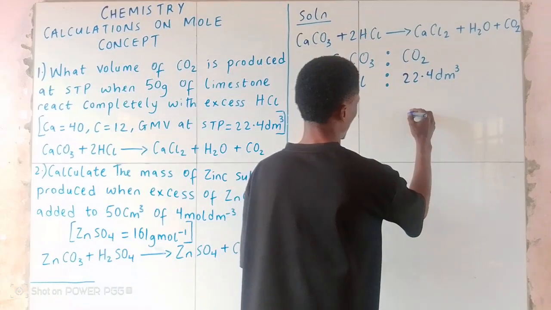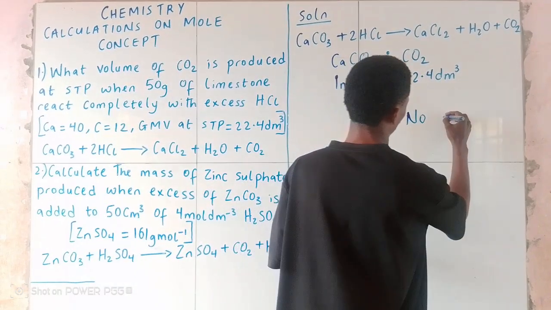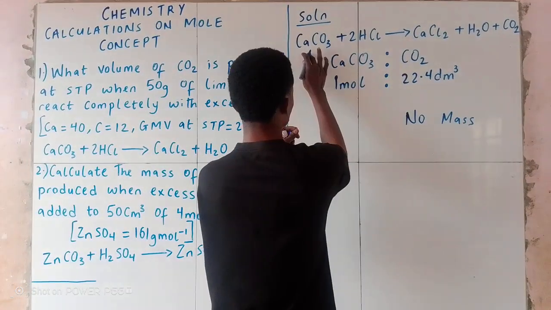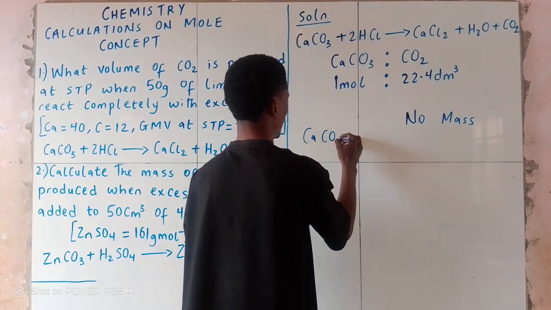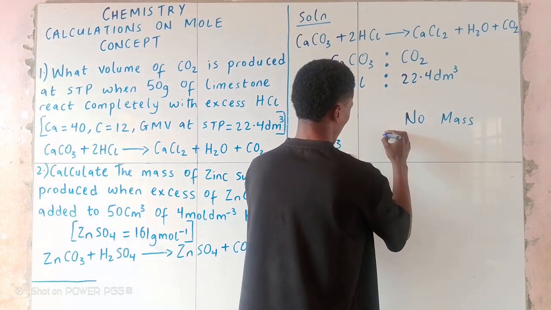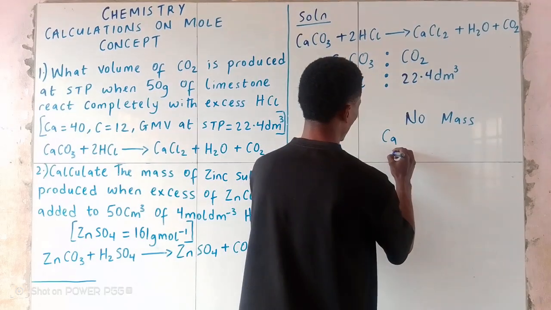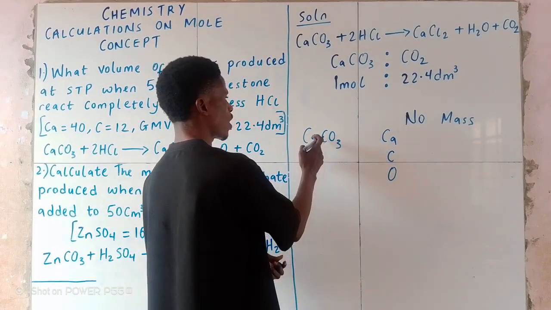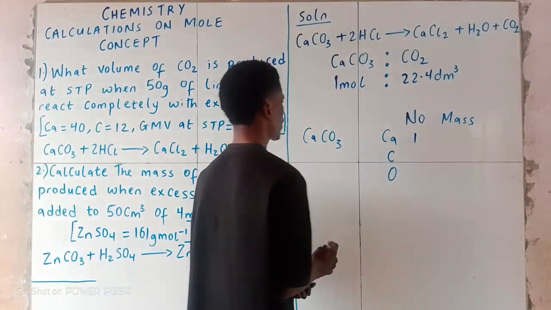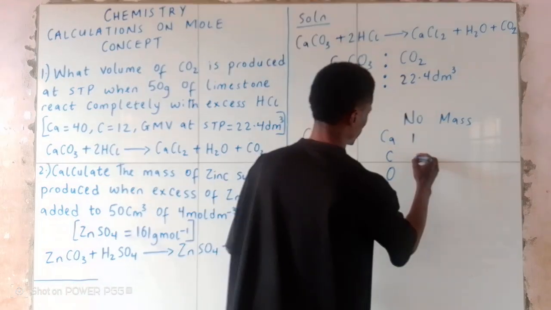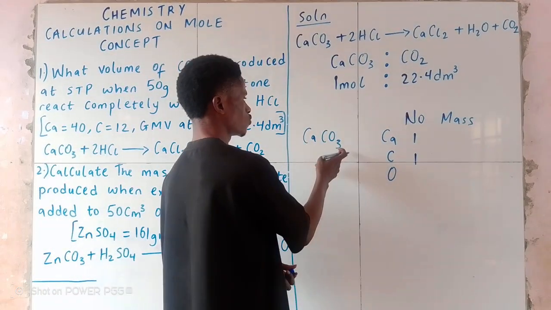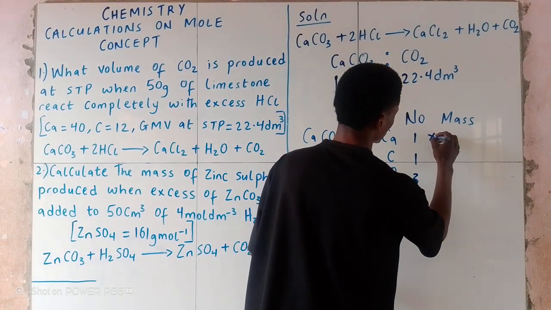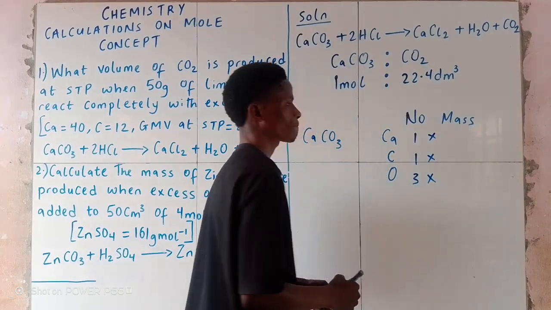To find that, I have the number and mass of each element. In calcium carbonate I have calcium, carbon, and oxygen. How many calcium do I have here? I have 1 calcium. How many carbon? I have 1 carbon. How many oxygen? I have 3 atoms of oxygen.